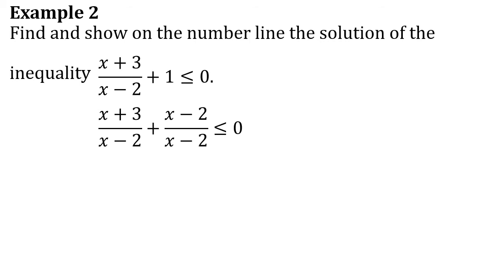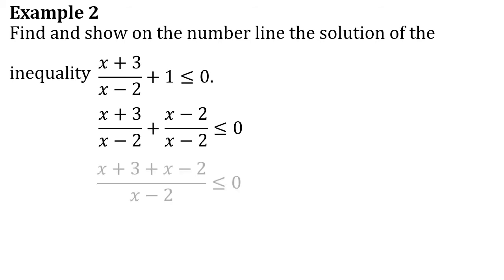So remember that (x - 2)/(x - 2) is equal to 1. Okay? We only choose x - 2 because that's the denominator of the given rational expression here. So we can combine this because these are similar fractions. Remember that similar fractions have the same denominator.